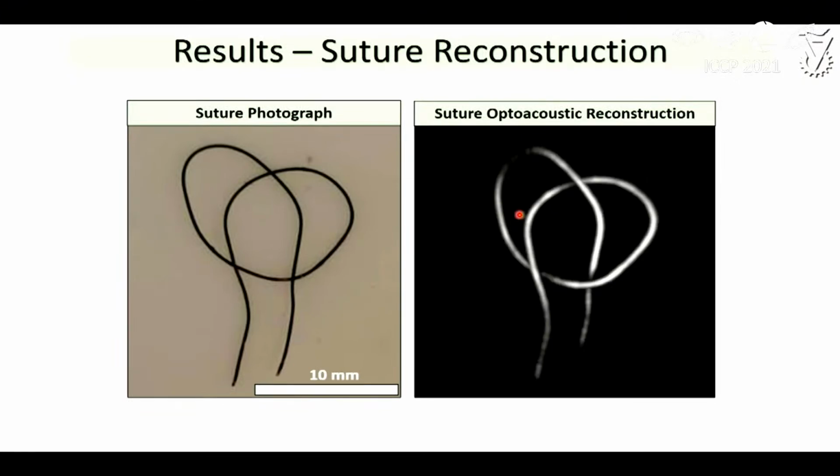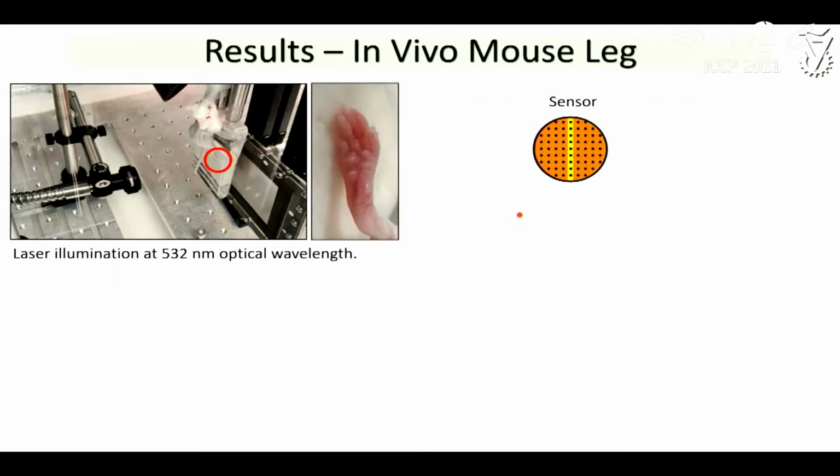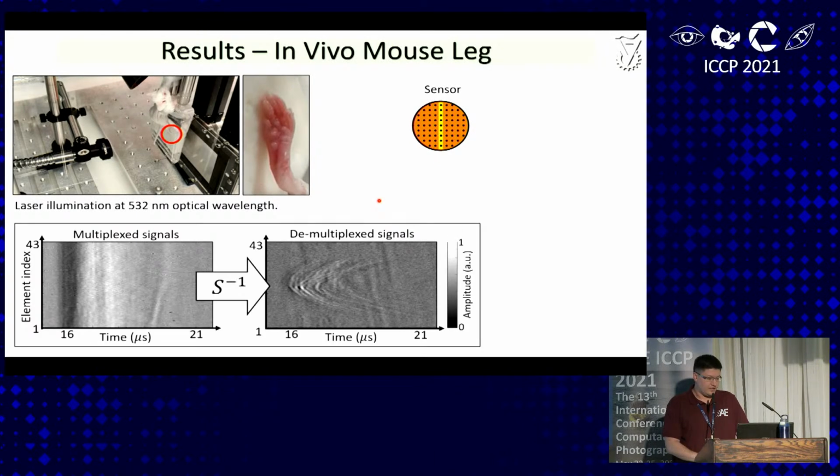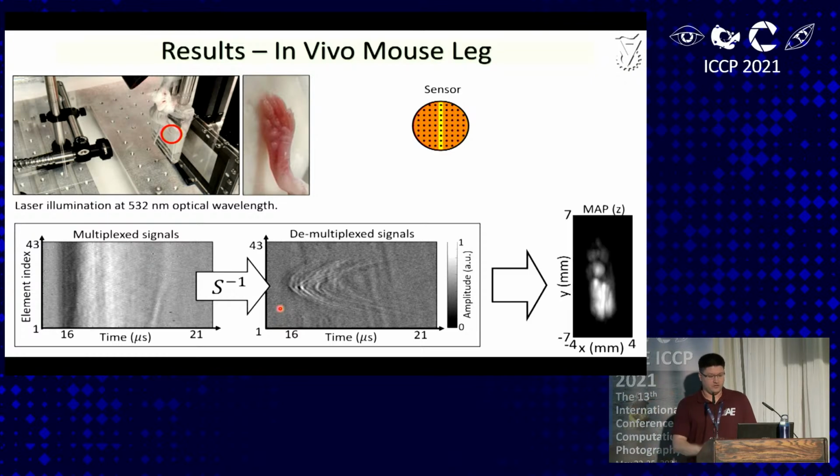We have performed the same measurement for a mouse leg in vivo. So I will also show you only a subset of the yellow signals. And as previously, you see the multiplex signals that are not clear. And we perform demultiplexing, and you see the sinograms here. And the back projection recreates the optical contrast of the leg.